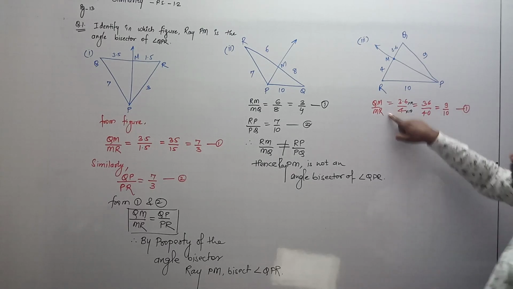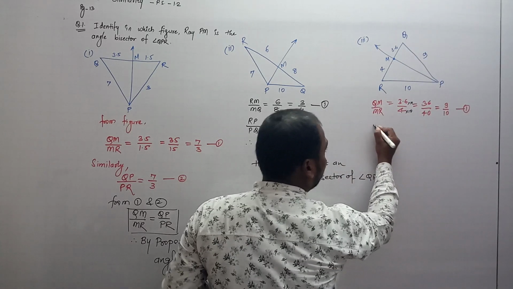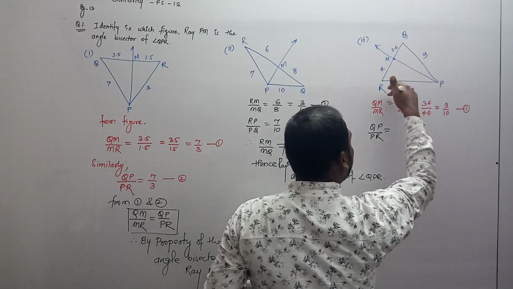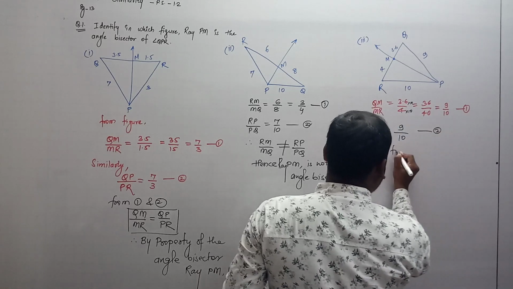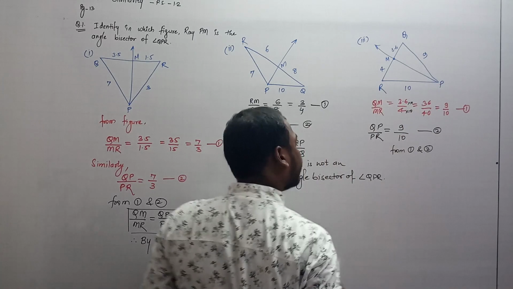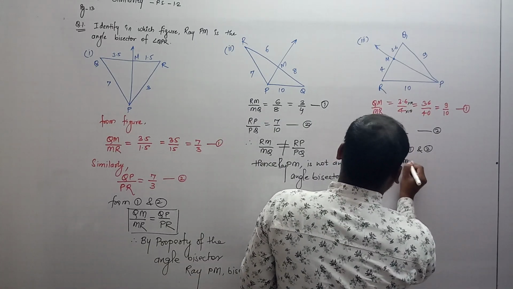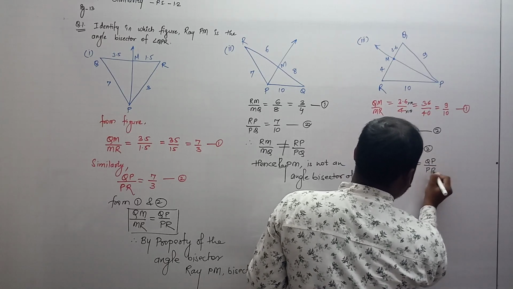We started from Q only, so for the next ratio we will also start from Q. We write QP divided by PR, so that becomes 9 upon 10. So from 1 and 2, we can write QM divided by MR is equal to QP divided by PR.